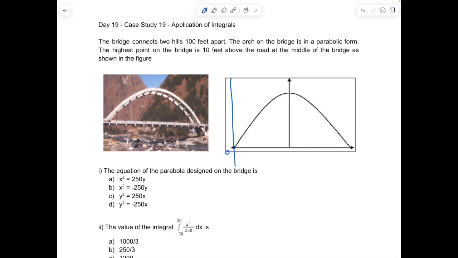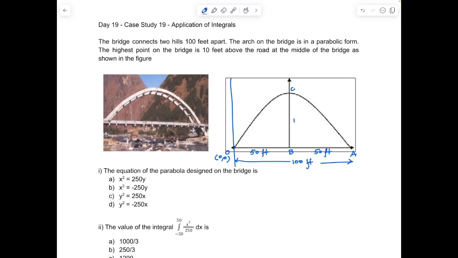So let's call the points O, A, the midpoint is B, and the highest point as C. O is (0, 0). OA is 100 feet, that is OB is 50 feet and BA is 50.